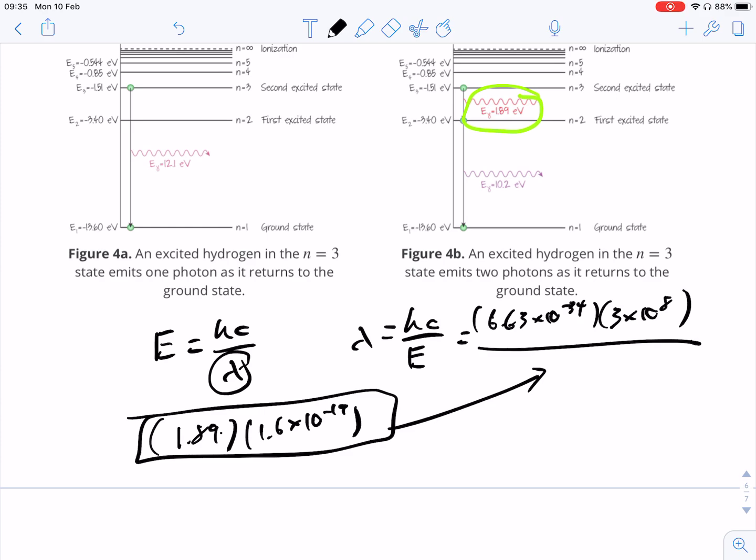And so it looks like we end up with about 650 nanometers. So 650 is pretty close to the red color spectrum. That's about 650 nanometers, which is a pretty close approximation of red light, which is why they have the color red there.